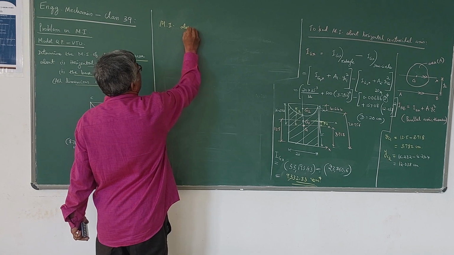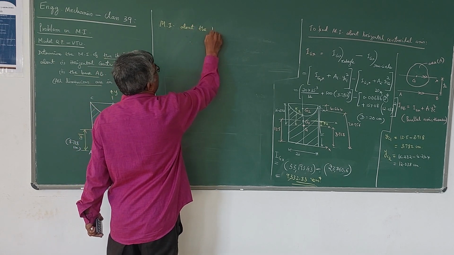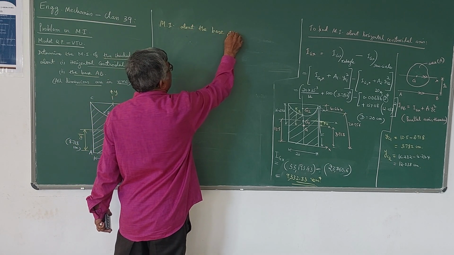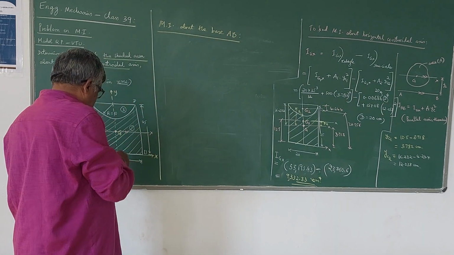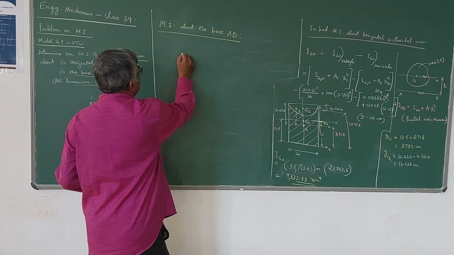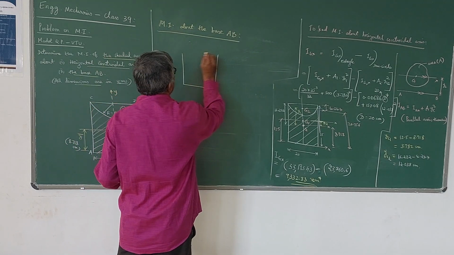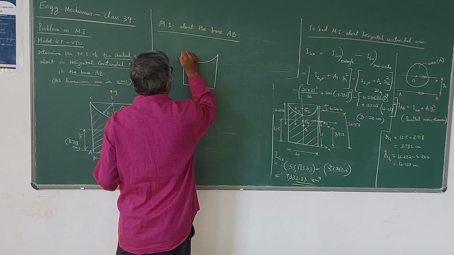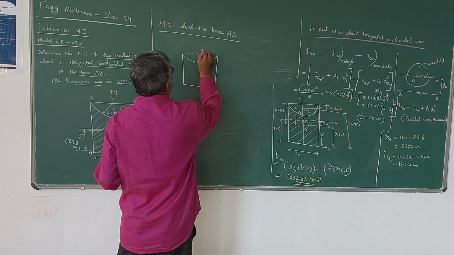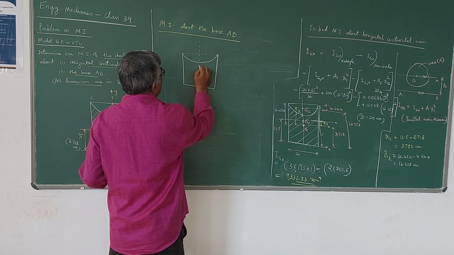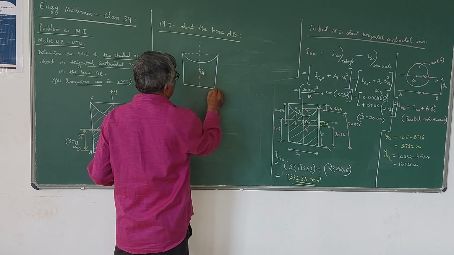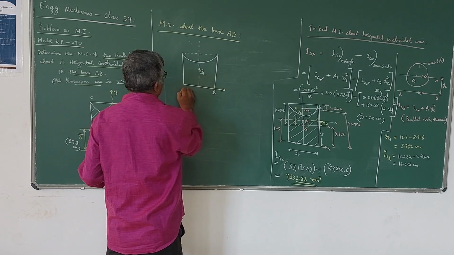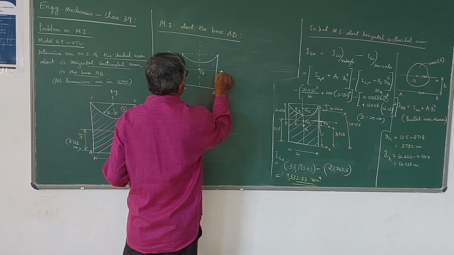Here, this is the semicircle. So you have G here and the AB axis here.